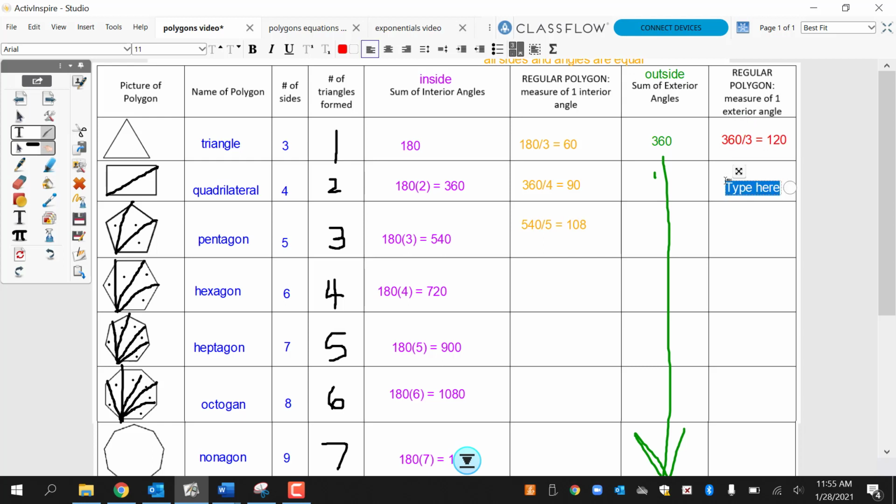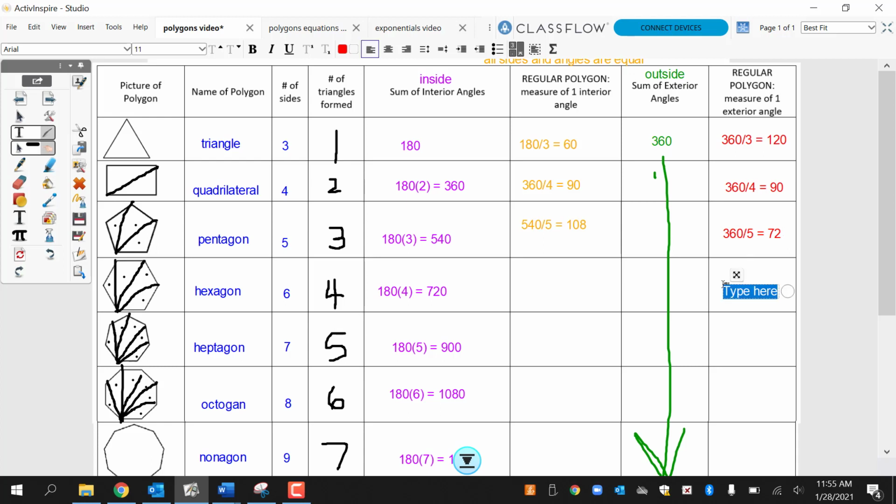For quadrilaterals, their exterior adds up to 360, but now there's 4 angles, so divided by 4, that's going to give me 90. For pentagon, their outsides add up to 360, divided by the 5 angles is 72. If you don't know, type it in the calculator, it will tell you.